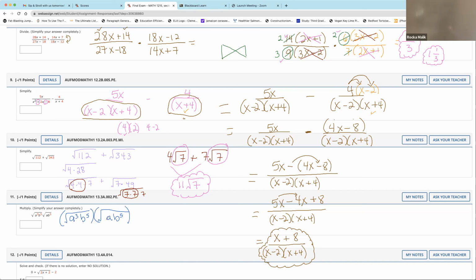I'm going to multiply these things, but the square root sign is going to disappear. So a to the third times a invisible 1. When you multiply exponents, you add them. So 3 plus 1, and b 5 plus 5, 10. And that's all I have.